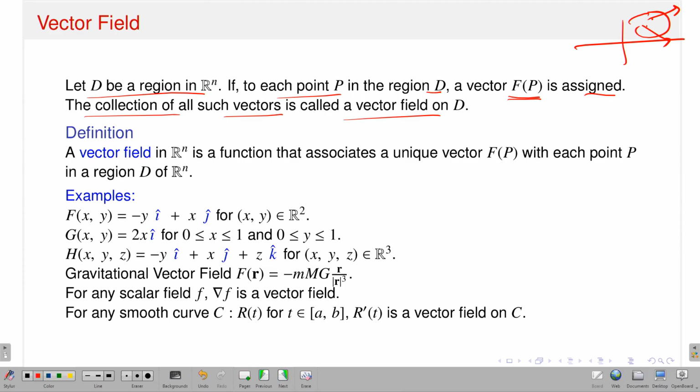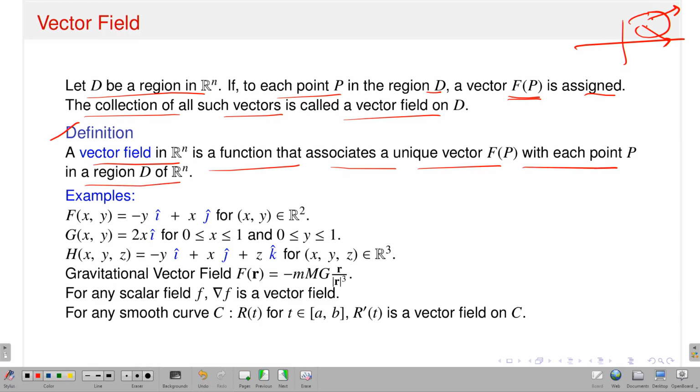The collection of such vectors is called the vector field. In terms of the definition, a vector field in Rn is a function that associates a unique vector f of P with each point P in a region D subset of Rn.